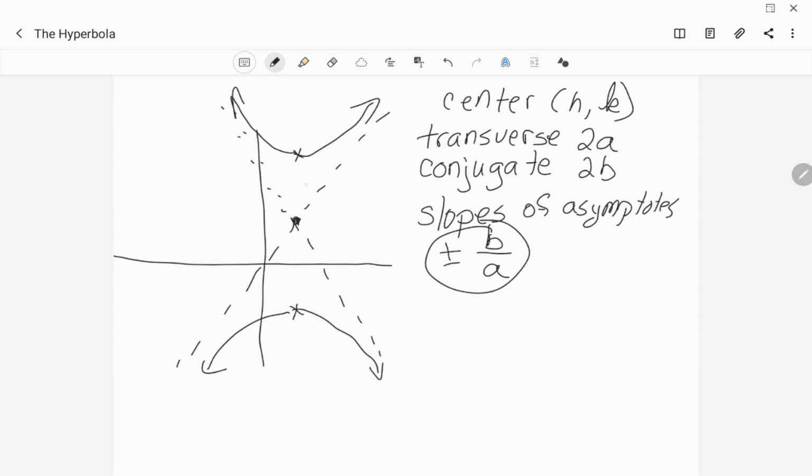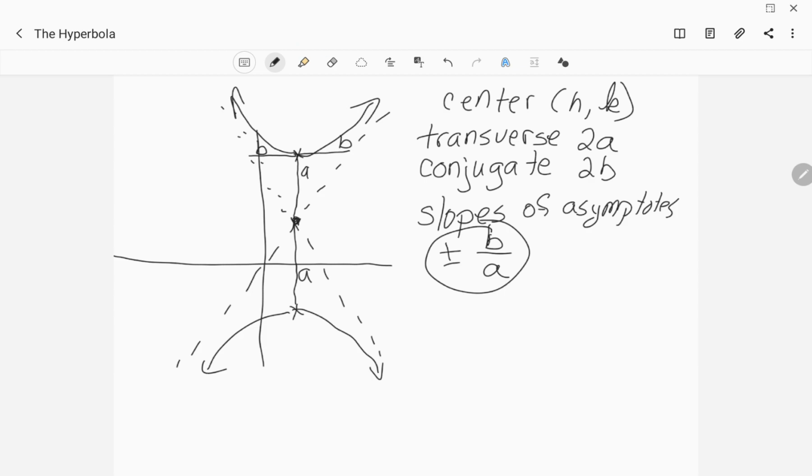So again, the distance from the center to one vertex is a. The distance from the center to the other vertex would also be a. This time my transverse axis is still 2a, but it's going vertically. My b would be from a vertex out to the asymptote. That's b, and from a vertex out to the asymptote, also b. So this time my conjugate axis is going across.